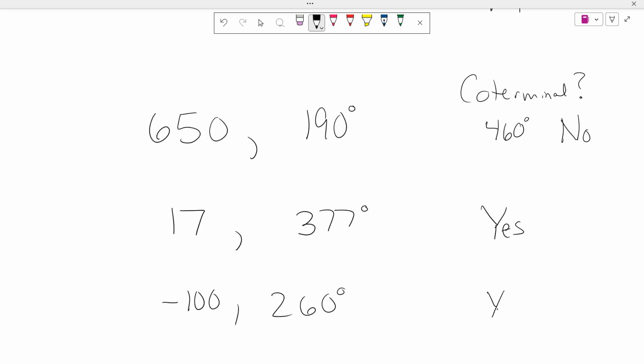I got some head nods as yes. And it is yes. Because how far are they apart from each other? 360 degrees. Because 260 minus a negative 100, minus a negative is plus a positive. So 260 plus 100 is 360.